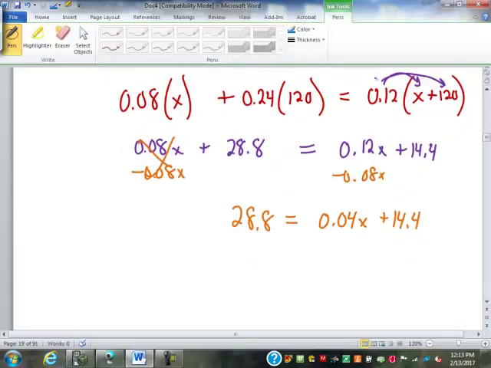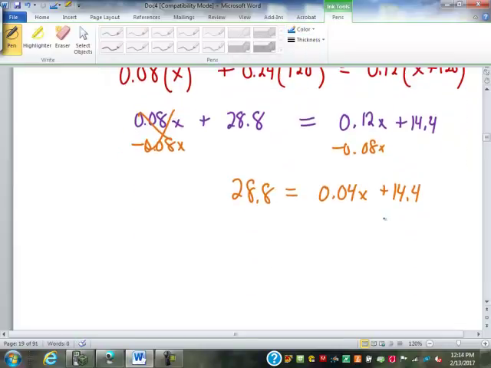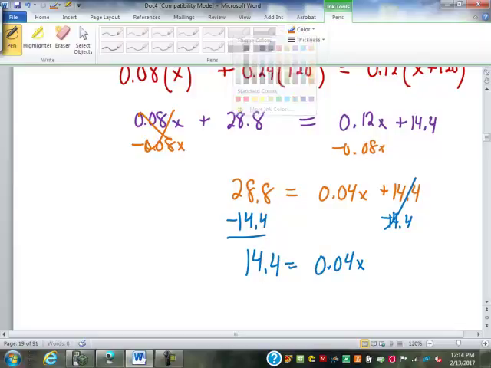And now, for the sake of time, I'll go through and solve this one for us quick. We're going to subtract the 14.4 to get 14.4 equals 0.04x. And then dividing by the 0.04.